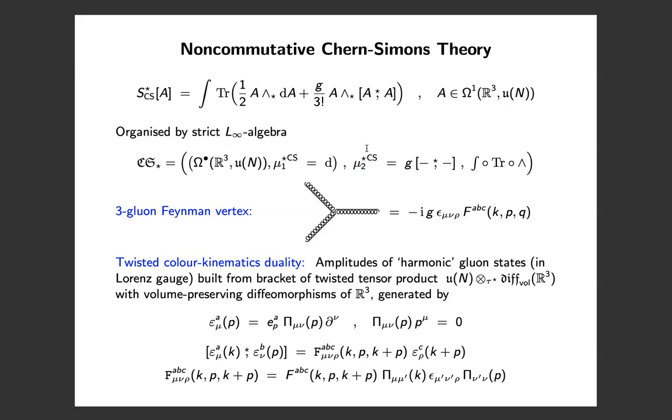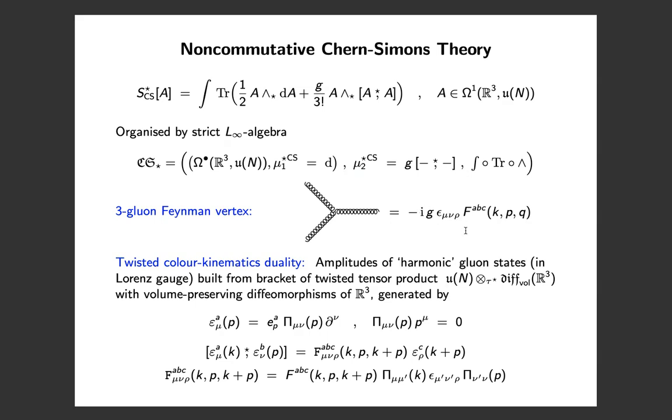If you wish, the three-gluon vertex in momentum space, the interaction, looks like this. There are these kinematic-type structure constants, these epsilons here. And instead of a purely color factor, you now have these momentum-dependent structure constants. So what this theory shows at this level is that there's a twisted form of color-kinematics duality.